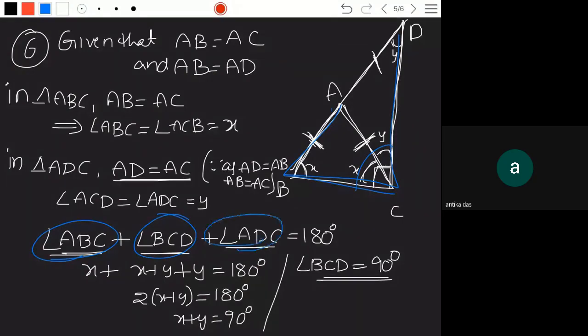You can write ADC here, or you can write BDC also, both are the same. So in the last one you are taking the whole triangle into consideration. Yes. Here you have to write angle sum in triangle BCD.